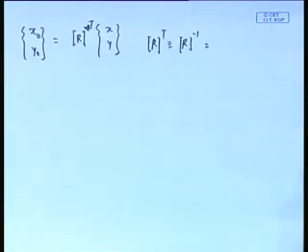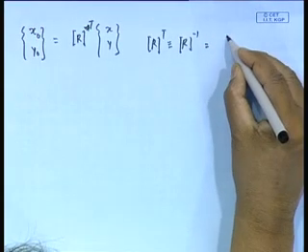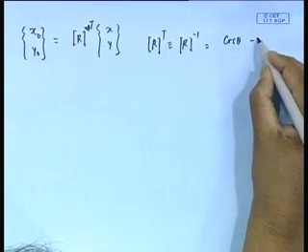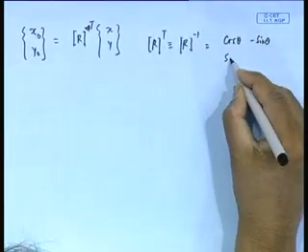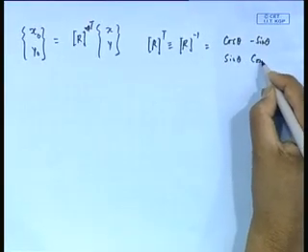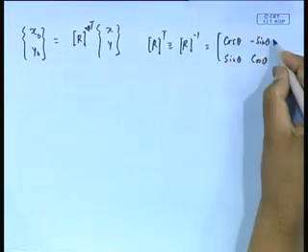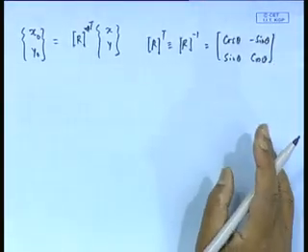This is simply the change: cos theta comes here, minus sin theta comes here, and sin theta comes here, cos theta comes here. So this allows me to change one to the other.